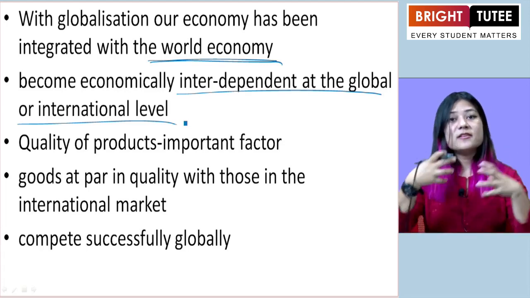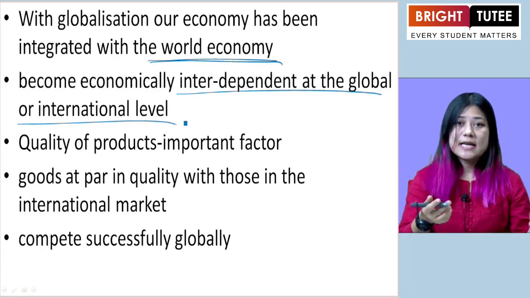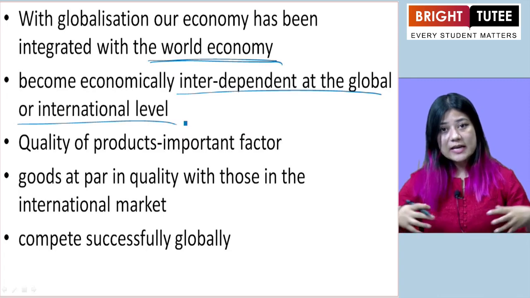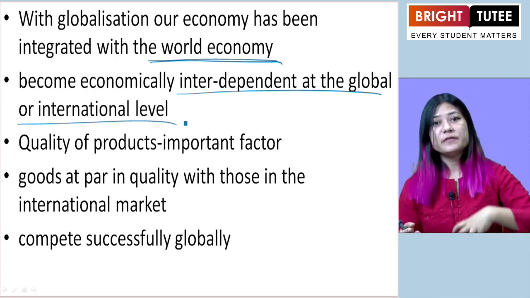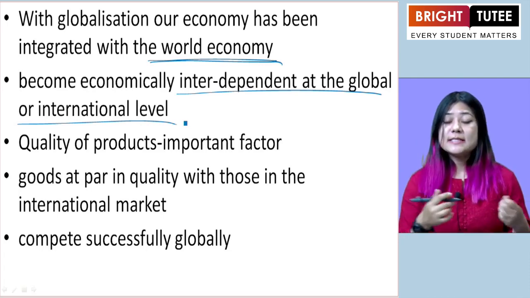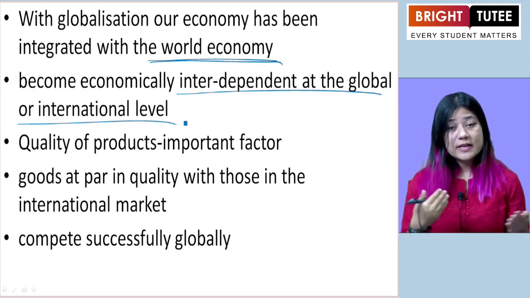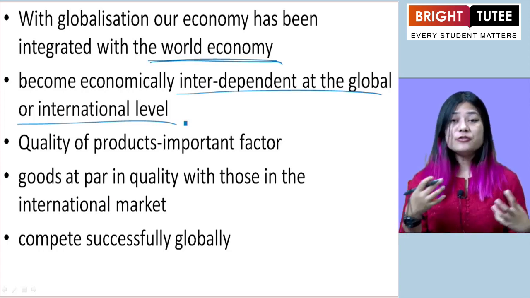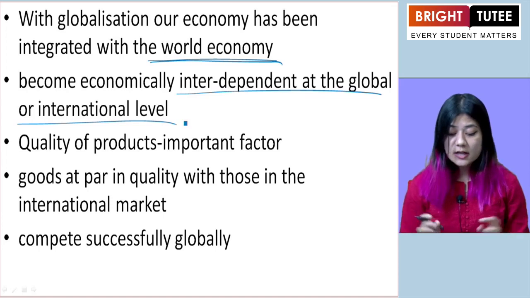So they depend on India for receiving cotton textiles which are required for their respective countries. Now India has large production of cotton textile, and if it trades and sells it to other countries which require it, it gets money in exchange of that transaction, of that trade, of that commerce. So you see how countries depend on each other at a global or international level.